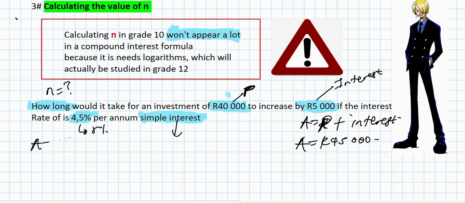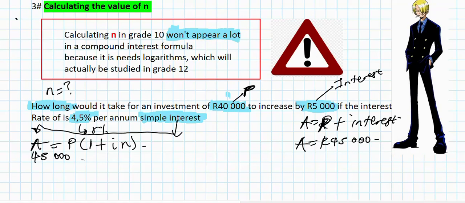So now, based on this statement of simple interest, I know that I'll have to use the simple interest formula, which goes as follows. Right there. Do I have the accumulated amount? Yes, it's 45,000. Do I have the principal amount? Of course, it's 40,000.